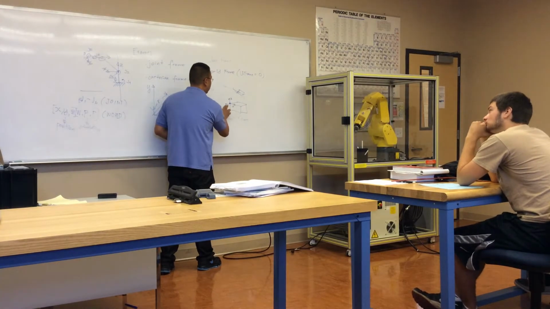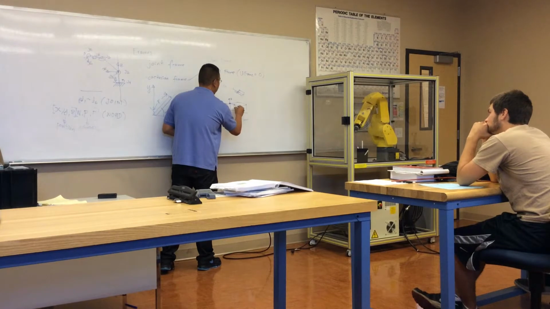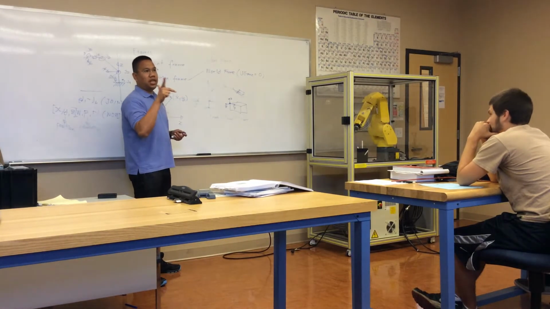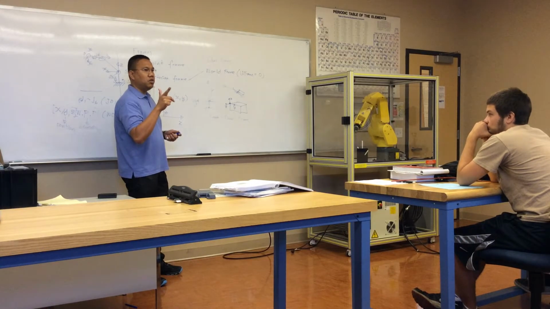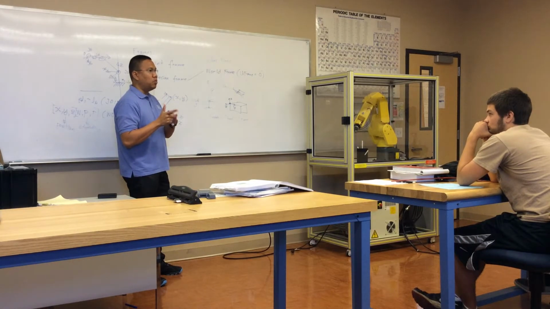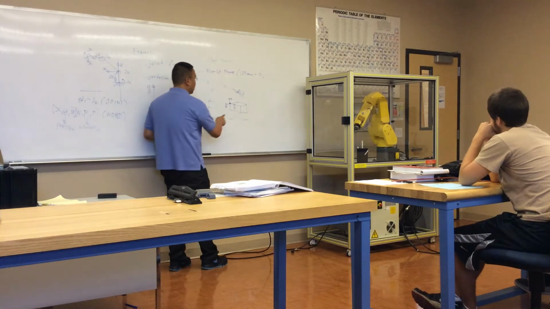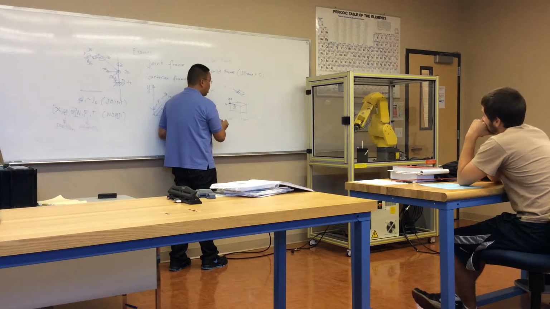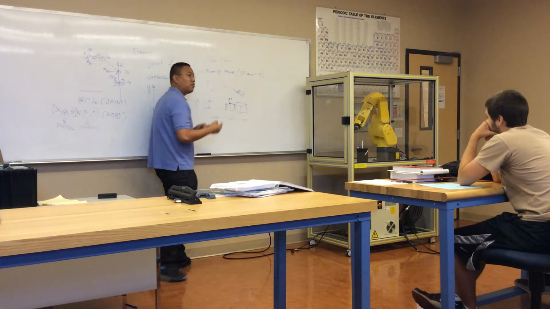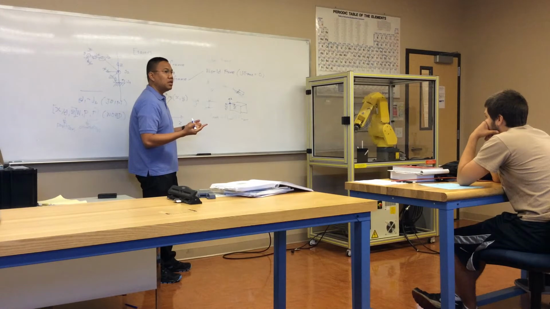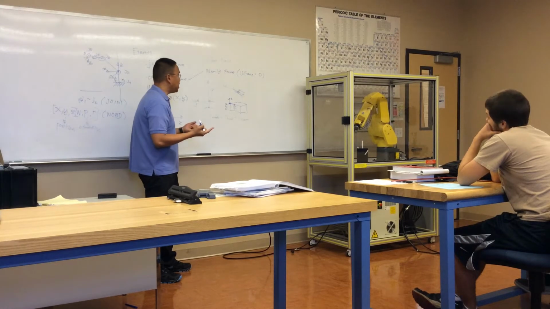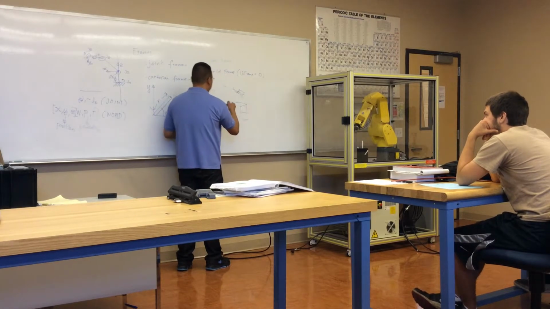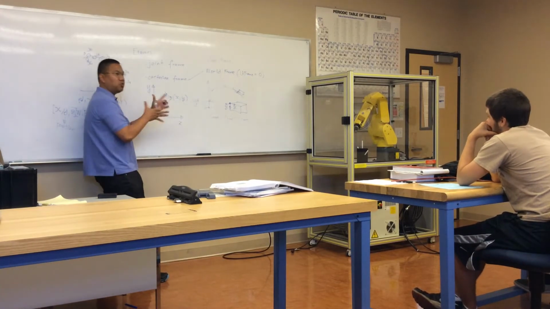No. This is X. Now, for the user frame, you always just have to remember the right hand rule. You don't have to follow the world frame. I could make my X this way. Okay? I could make this my Y, but then we have to follow the right hand rule. So where will be the Z?